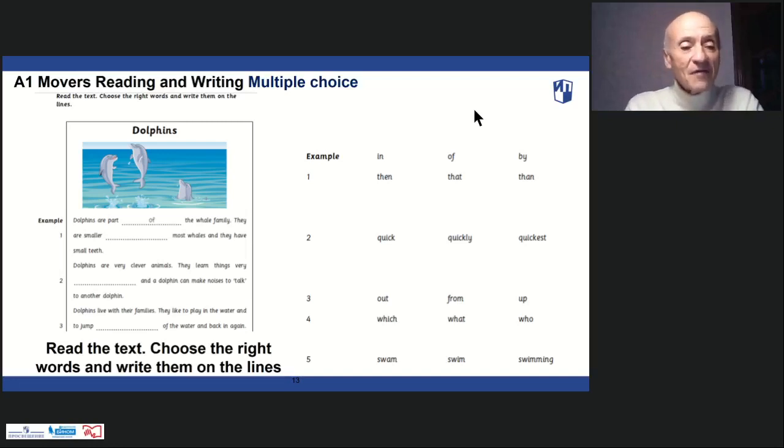They learn things very quickly, and students at the Movers level are already supposed to be able to use adverbs in their oral and written speech. Read the text, choose the right words, and write them on the lines. That is the task format.